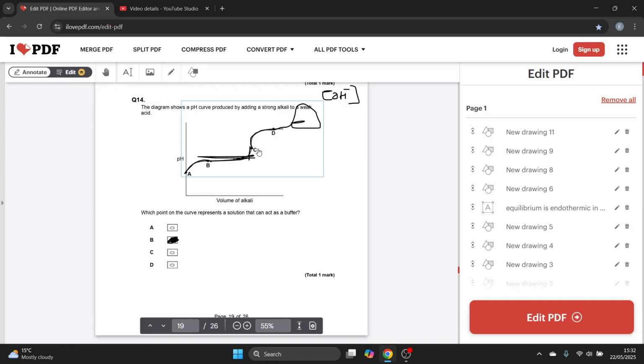Obviously, I don't want to just tell you the answer. I want to explain it to you guys. So in terms of explaining why it's only B and not A, C, and D, well, if you didn't know exactly what you were doing, use process of elimination.